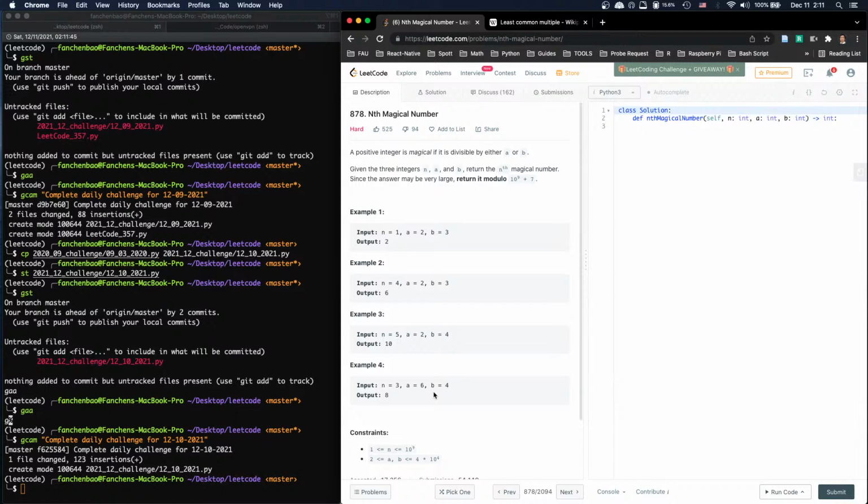So that's too big. Therefore, we're going to try again. The next one, right is going to be MA minus 1, because MA is 3 is too big.